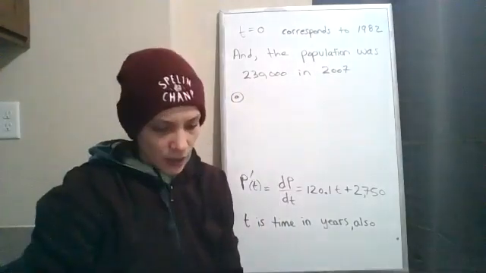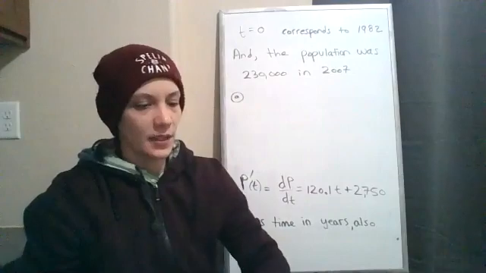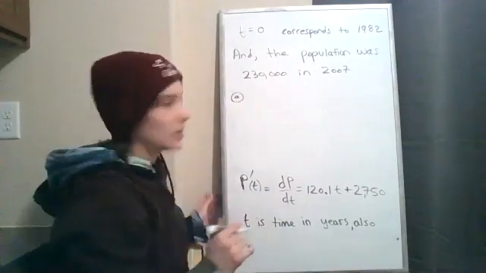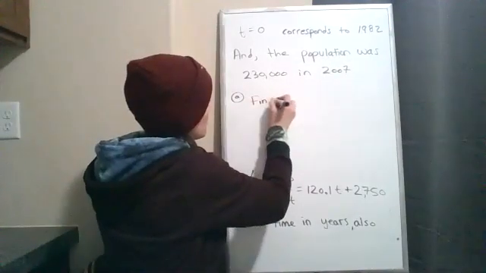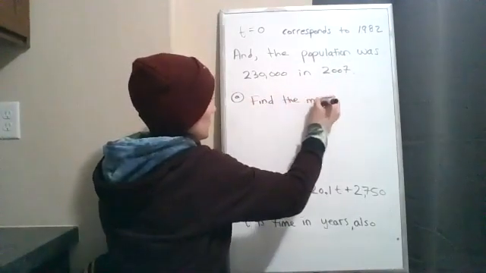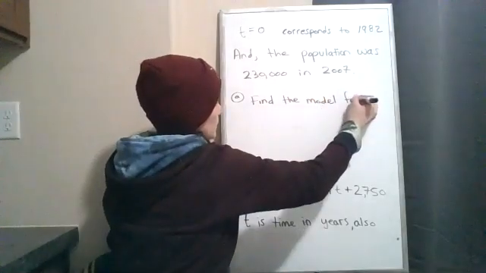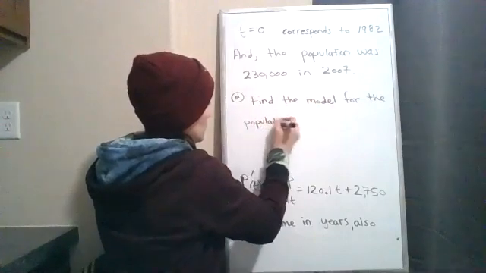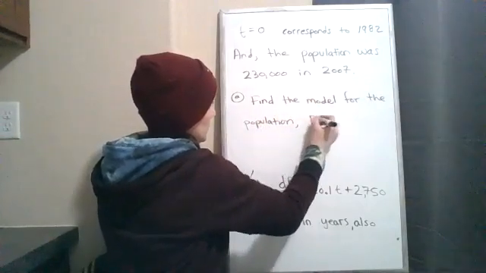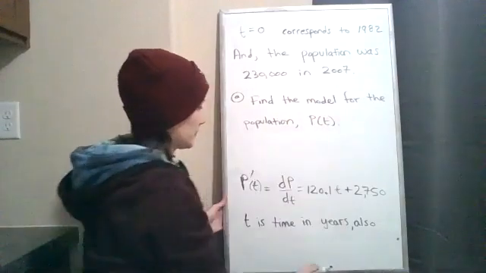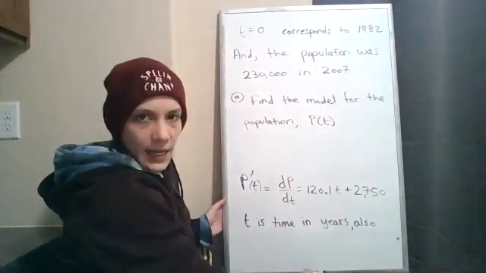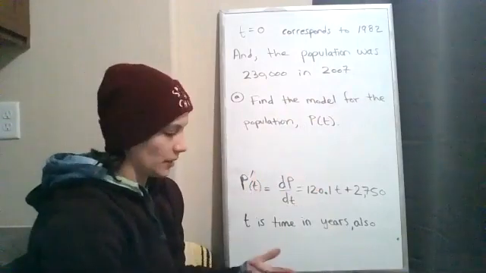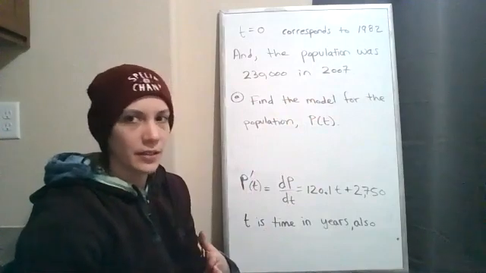All right, first part is find the model for the population. We're going to call it P of t. Before we do this, we'll write some initial condition down and then go through the steps of integrating, solving for C, writing your answer.